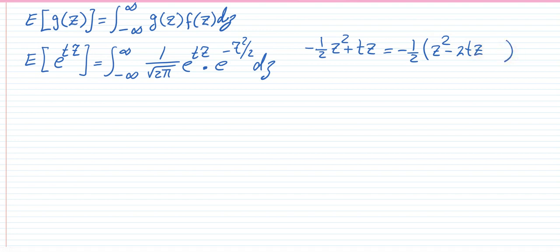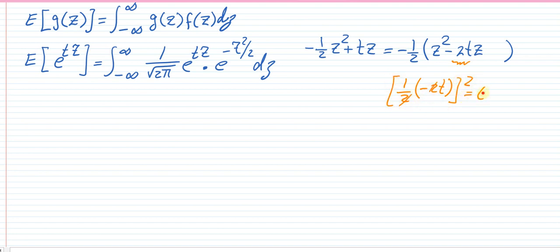If you remember the completing the square method, what I need to do next is add the square of half of the coefficient on z. So half of negative 2t, squared, is just t squared.